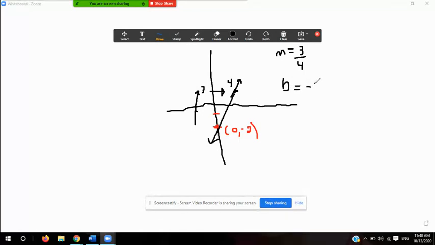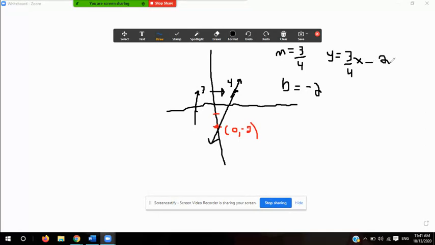So based on this, all I had to do is just write an equation. So y equals my slope, which is 3/4 x, minus 2, because b is -2.